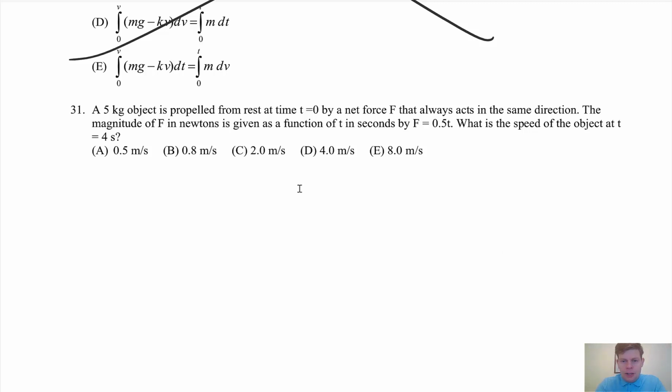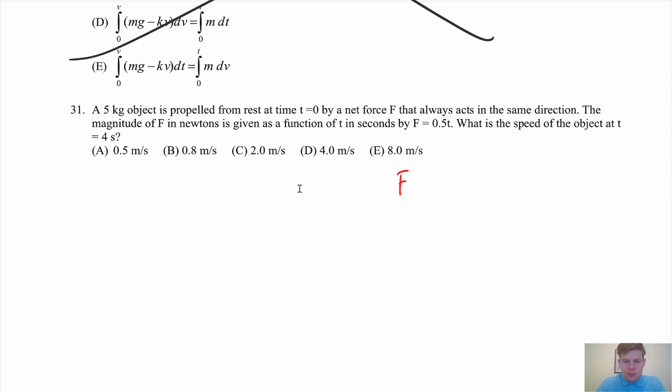Basically, use an integral anytime you want to find the area under the graph. If one of the things is changing with respect to the other, so in this case force is changing with respect to time, we can take the integral of it. If something's multiplying, we can take the integral.